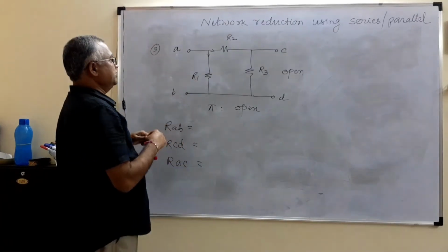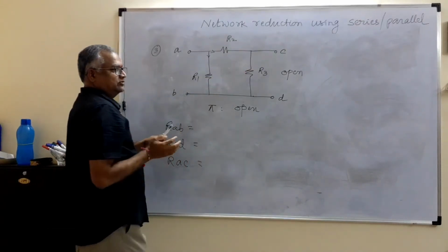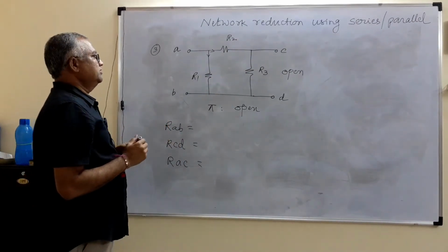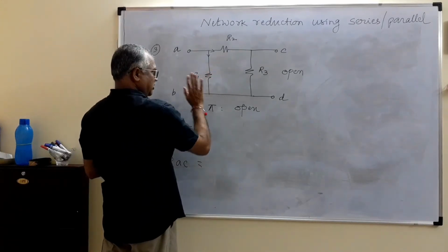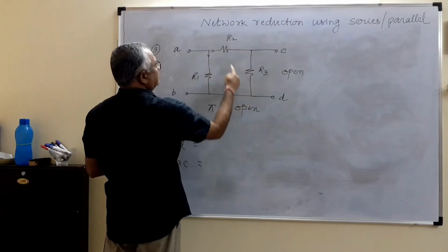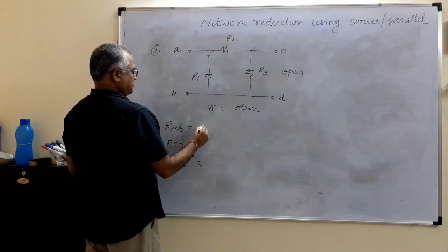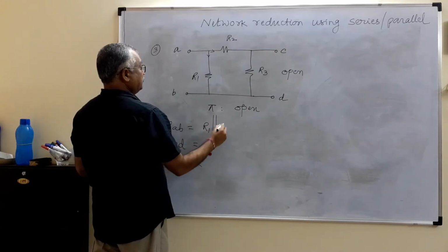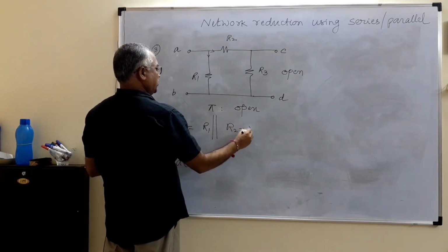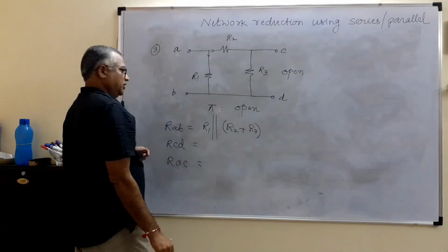Why? This end point is not connected. So voltage is not the same. Therefore these two are not parallel. But these two are series, same current flowing. So these two are series, and that is parallel with R1. So R1 parallel with R2 plus R3. Like this we have to answer.